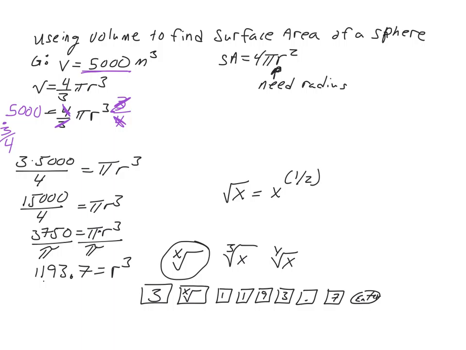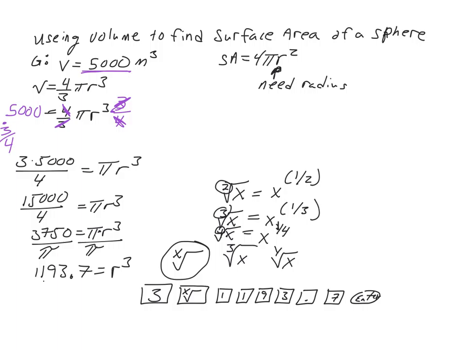If I want to take the cubed root of something, that is the same as going to the 1/3 power. Taking that same number and putting it to the power of 1/3. A 4th root would then be x to the 1/4. Okay? So this number right here, the 2, the 3, the 4 of whatever root you're taking, is actually called the index. And you'll get more into that in Algebra 2.